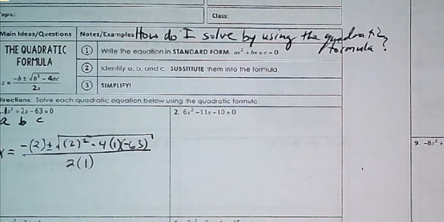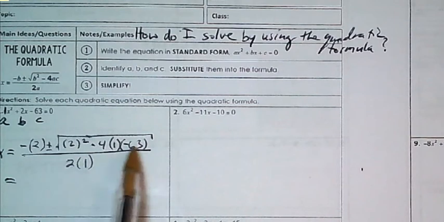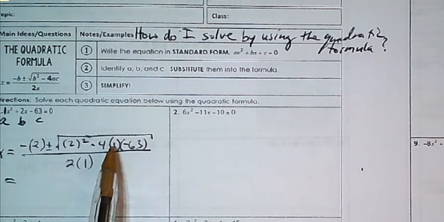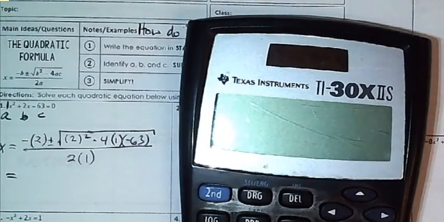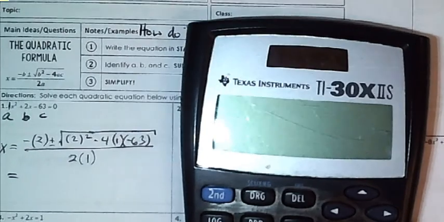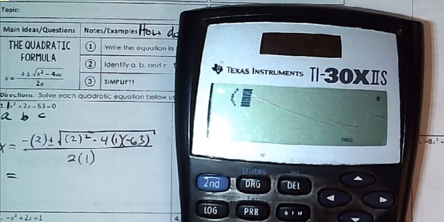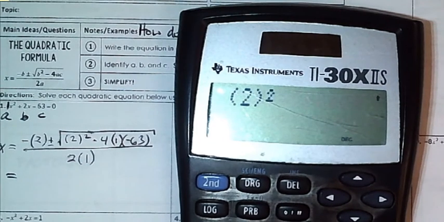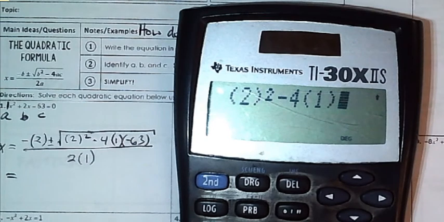Now, you've already done this, haven't you? All of you have already done this in 9th grade. You do what's under the radical first. So you're going to do 2 squared in the calculator: 2 squared minus 4 times 1 times negative 63.